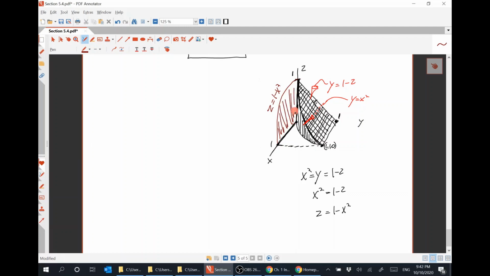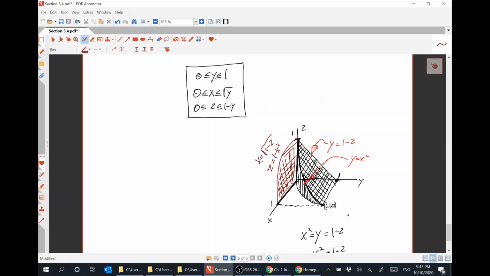And that, therefore, is the shadow of this region when you smash it straight that way along the y-axis into the xz plane. So that's z equal to 1 minus x squared, which is also given by x equals square root 1 minus z.